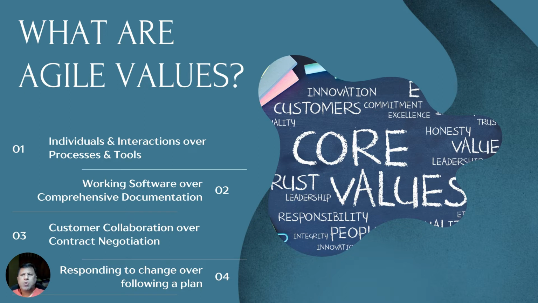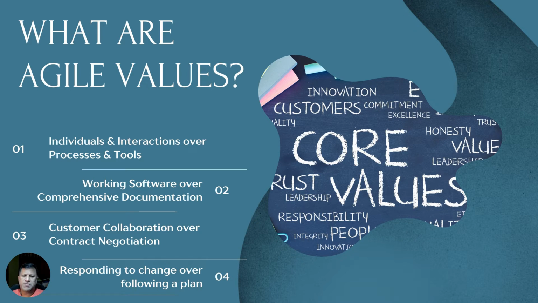Second, working software over comprehensive documentation. Now, when we talk about agile, it originated from people who were more software based. Everybody was a software architect or a developer or a development manager at that point of time, focused solely on software development and how to make it better, right?